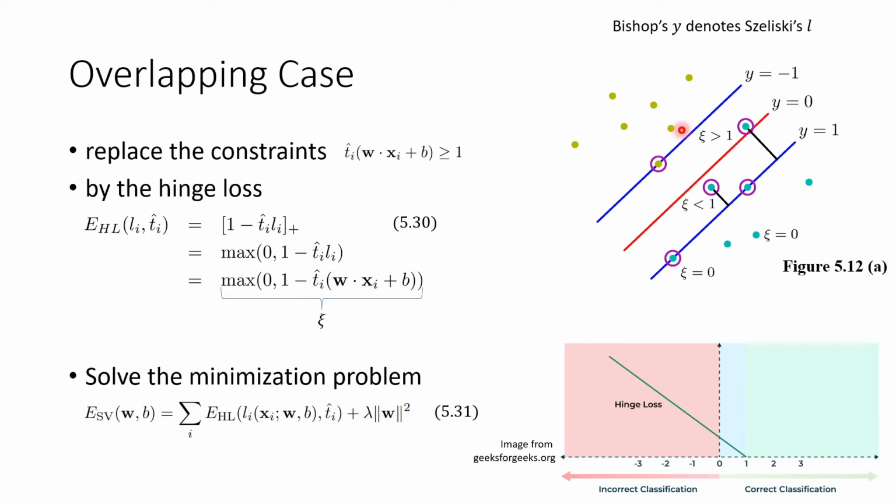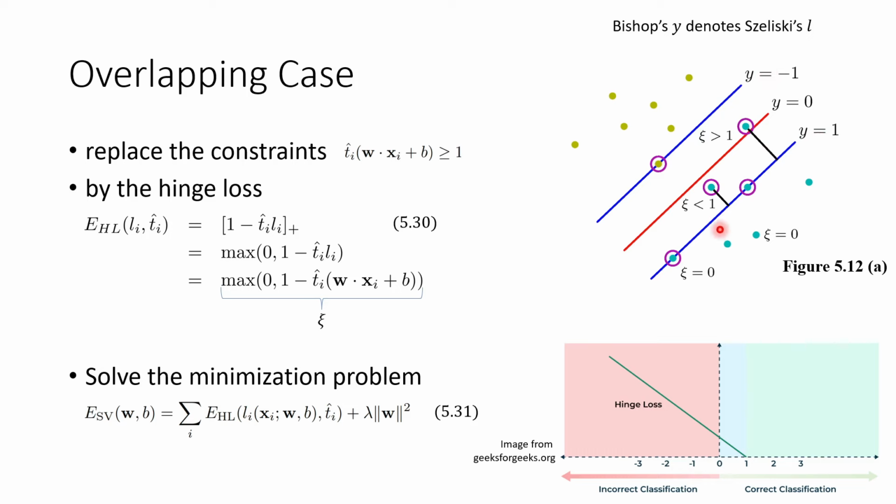This figure was originally created by Bishop, and our textbook author Seletsky used the figures in our textbook, so the symbols are slightly different. Seletsky's arrow here is Bishop's y. So y equals 0 is the separator line, the center, and the boundary is y equals -1 or y equals 1.